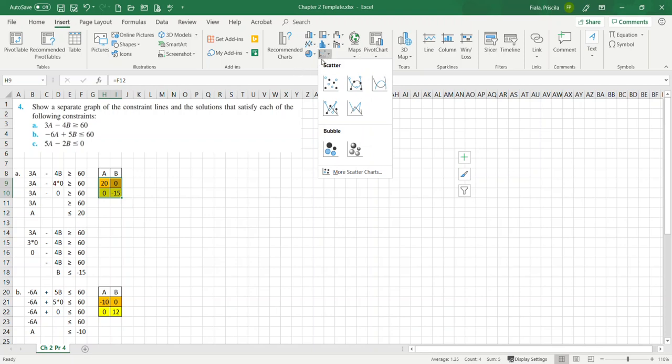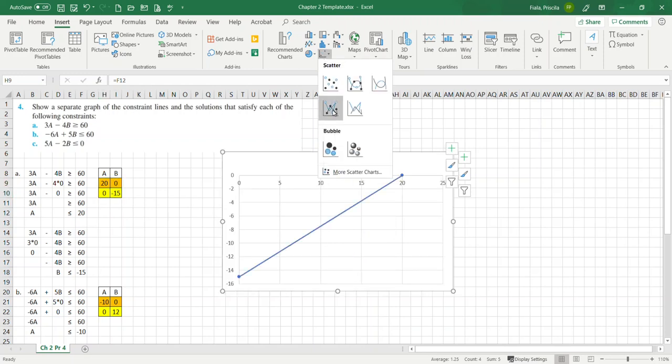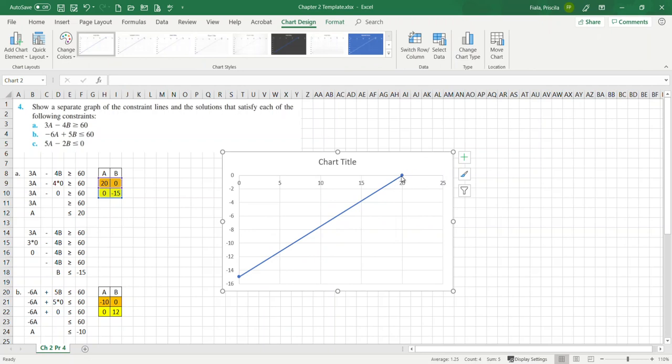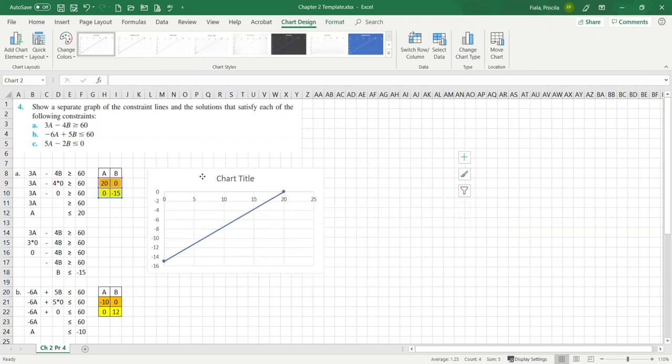Then you come over to the chart right here, scatter with straight lines and markers. And if you notice, these are your points. You have a 20, a 0, and for b or y, you have a 0 and a minus 15 over here.